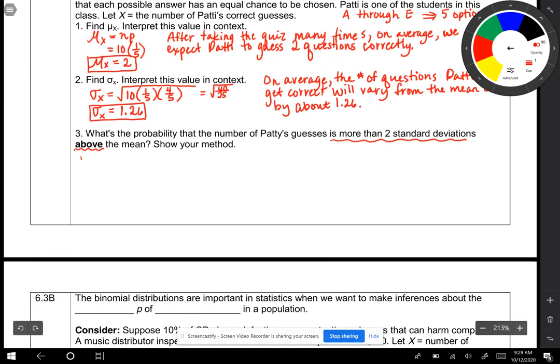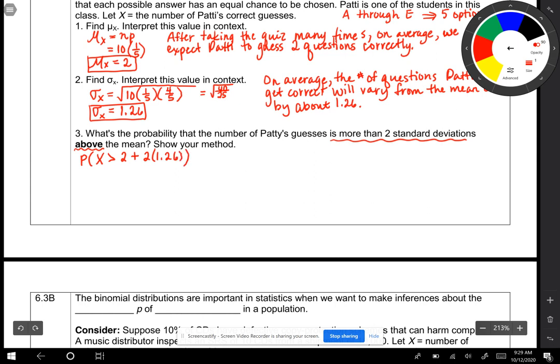So this is what it would look like. The probability that Patty's score is greater than 2 standard deviations above the mean. So all you want to do is take the mean, which is 2, plus 2 times 1.26. So that's 2 standard deviations above the mean.